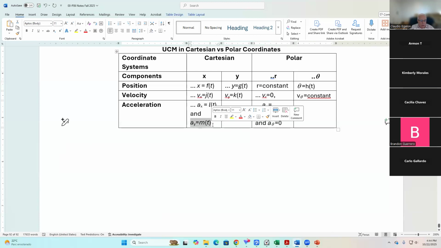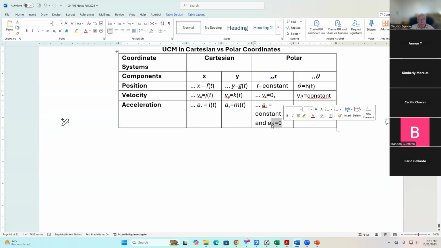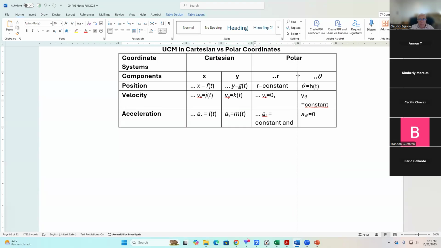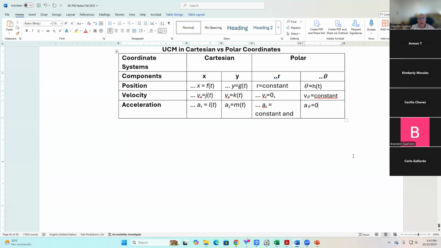You can see that everything on the left side of this table is a function of time, whereas not everything on the right side of the table is a function of time. Just the theta angle is going to be a function of time.